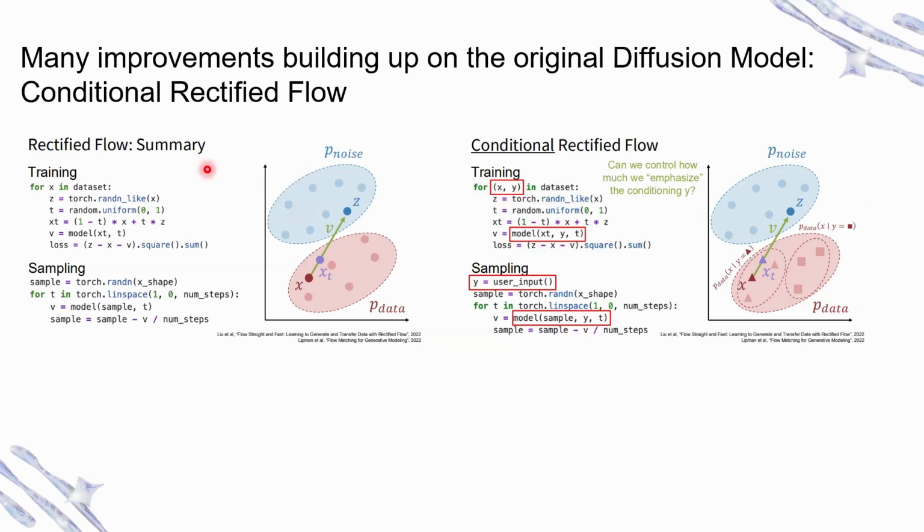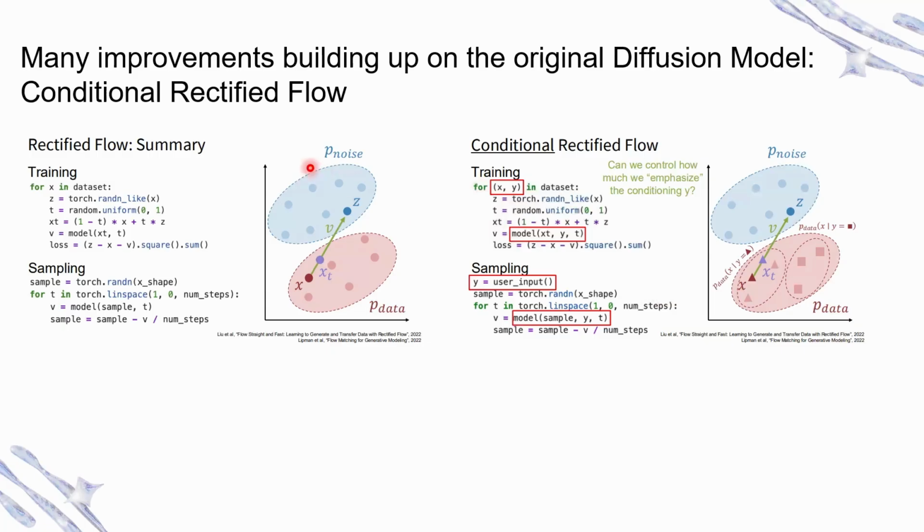Another big thing with generative models is that we want to be able to enforce conditions. Recall from the beginning, we don't want it to just generate a random image. We want it to generate, say, a particular dog image, right? That is the idea of how much emphasis we can put on the conditioning during training, and also during sampling as well.